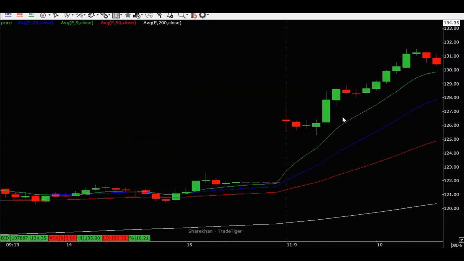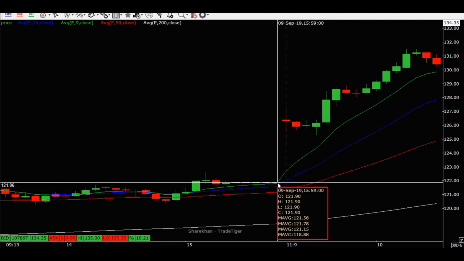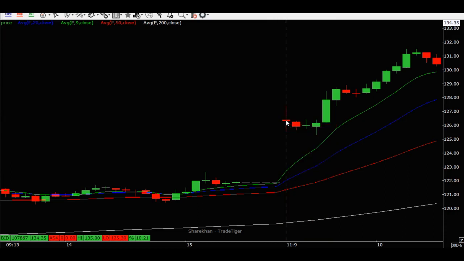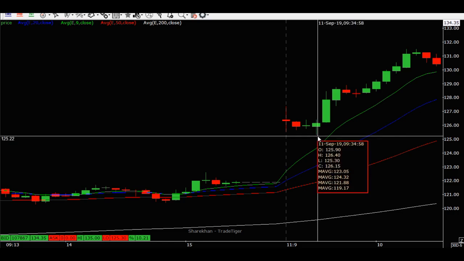Now I'm on Tata Motors 5 minute time frame, and today we got a gap up, a nice gap up from 121 to 126. So it gaps up and then it starts to pull back towards the moving average. And on the pullback, what do we get?